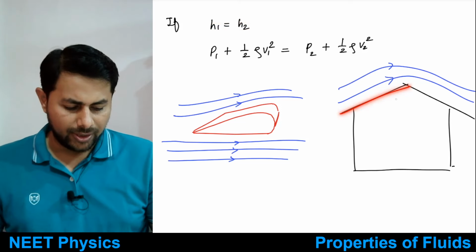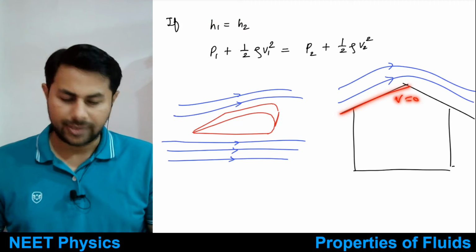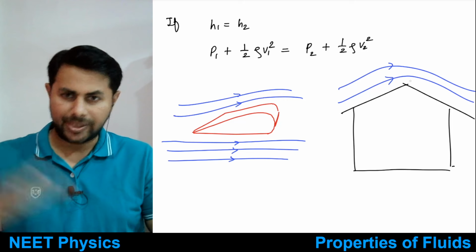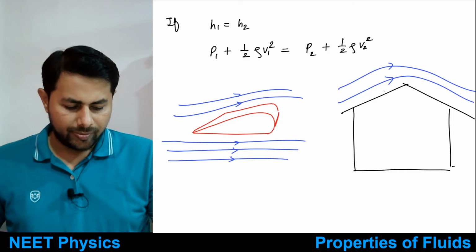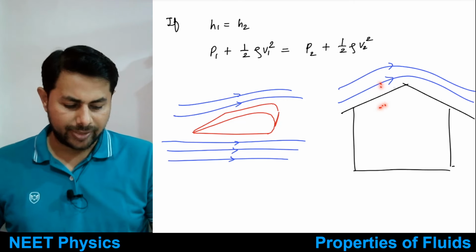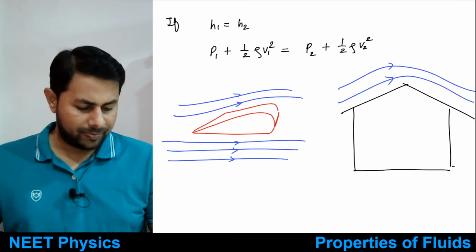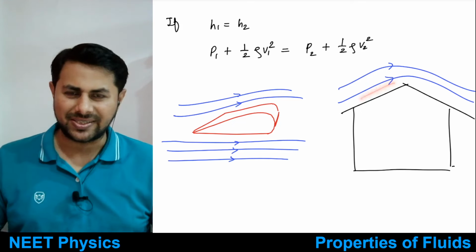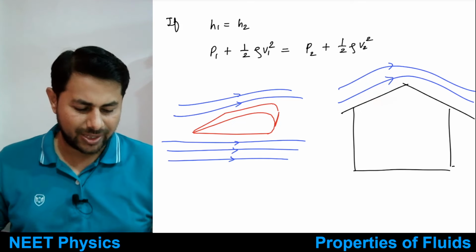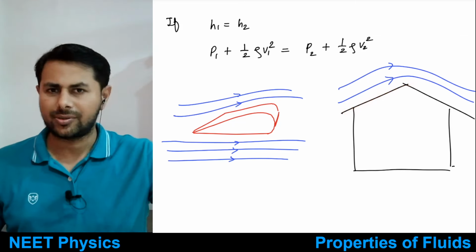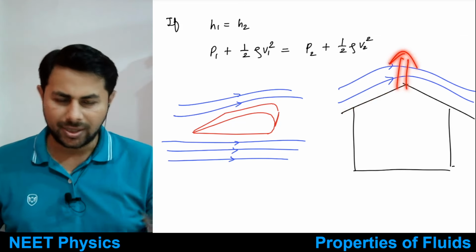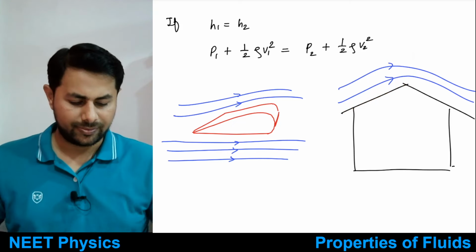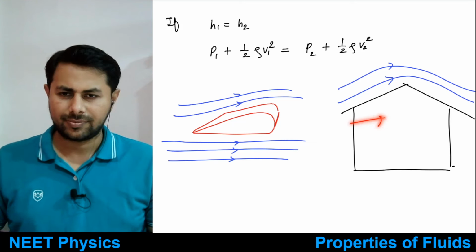So velocity inside is 0. That means a huge pressure difference is built between these two surfaces. Pressure outside would be very less compared to the pressure inside, and that's why the roof would be pushed. There would be a net upward force on the roof, and that's why the roof is detached and flies away. So this thing is clear.